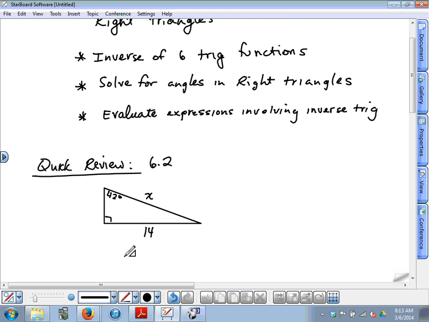This was a problem that you were supposed to do back in 6.2. Find the missing side. So, how would you do that? I found the missing side. Here it is, right here.